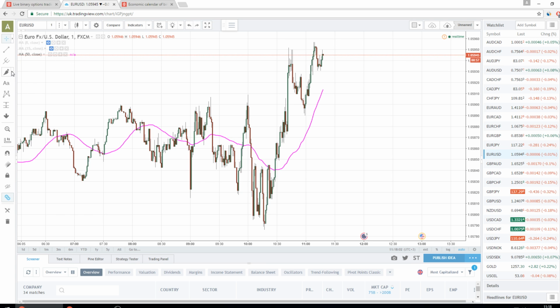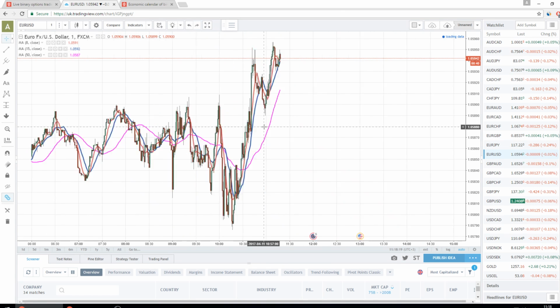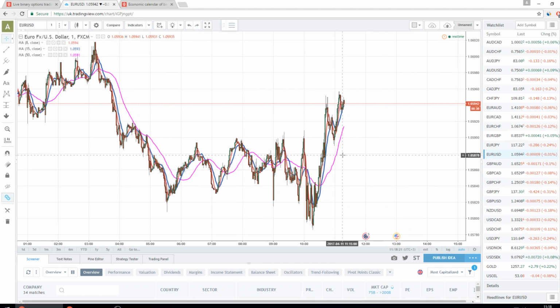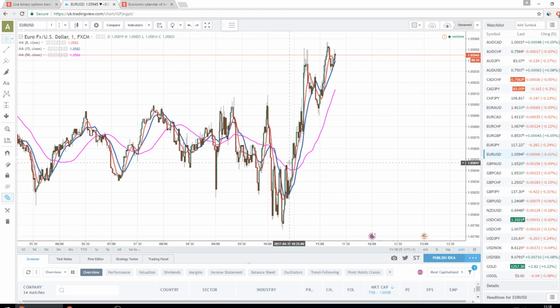So what else can we do with the moving averages? Right now I will switch on all 3 indicators, all 3 moving averages with the different period.